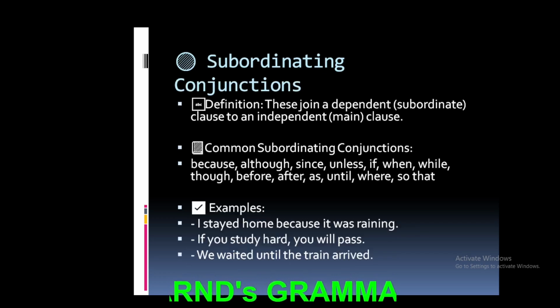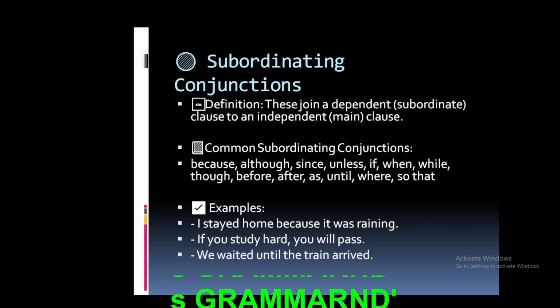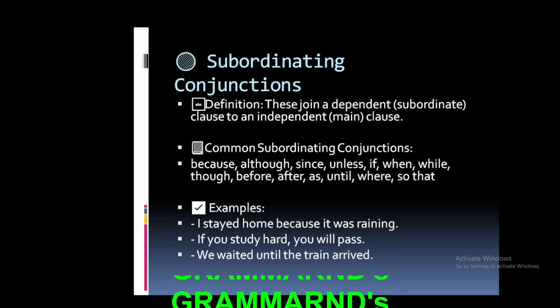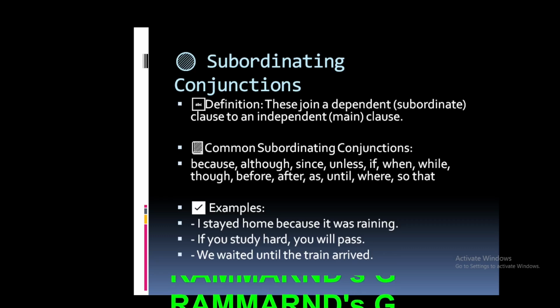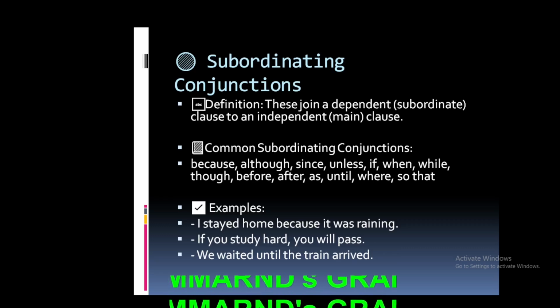Next, subordinating conjunctions. Definition: these join a dependent, that is subordinate clause, to an independent main clause.